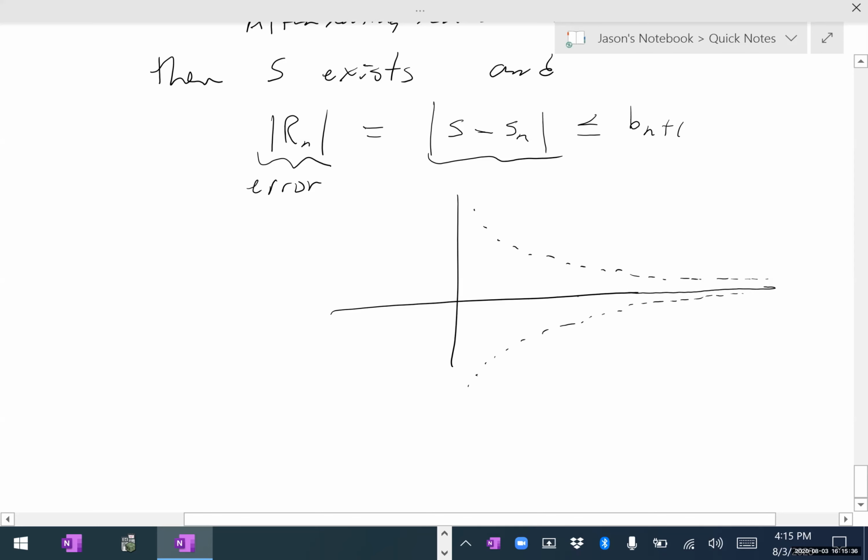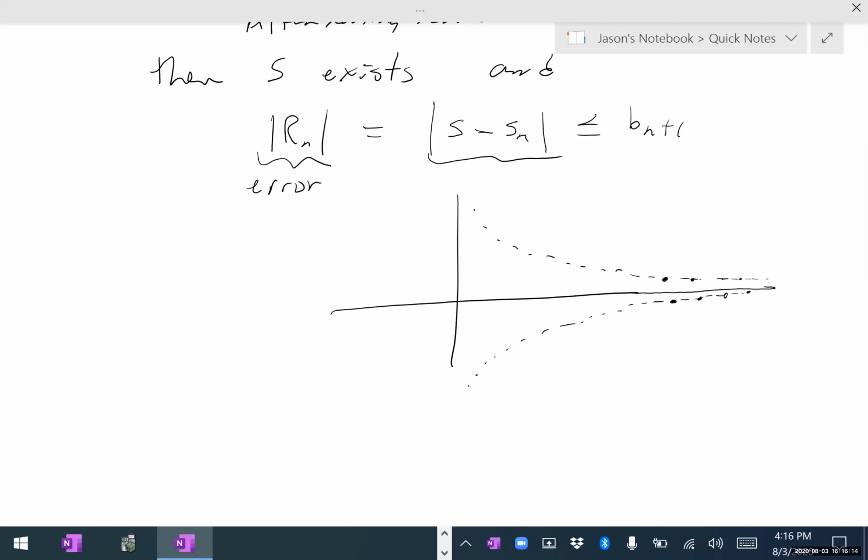So what do we know about this series? Well, we know that the series alternates, right? What do we also know? We also know that the terms are getting smaller. So I'm always adding a value, and then I'm subtracting the next value, and then adding a value, and subtracting the next value, again and again.